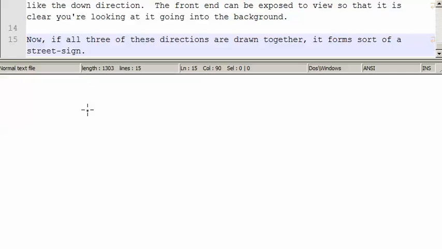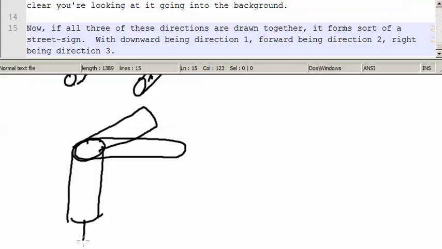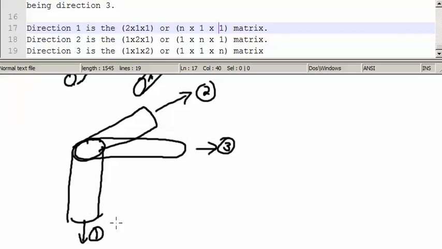Like so, with downward being direction 1, forward being direction 2, and right being direction 3. Direction 1 is the 2 by 1 by 1 matrix, or n by 1 by 1.